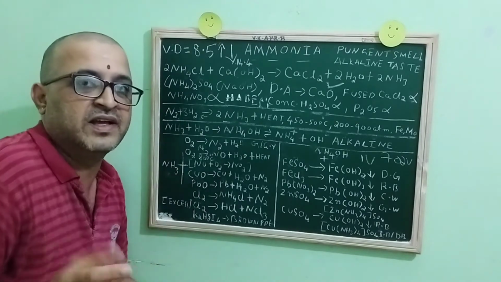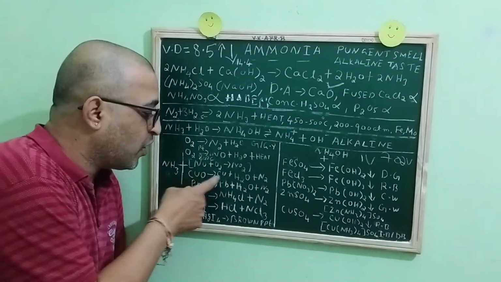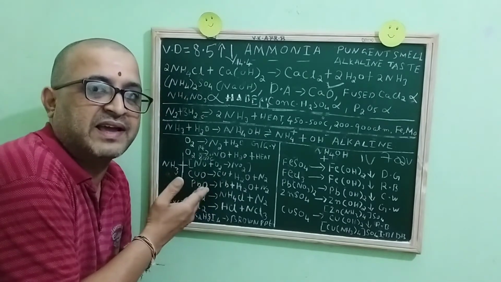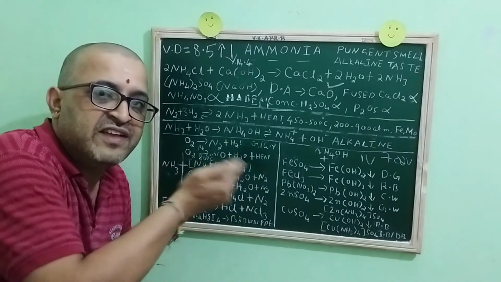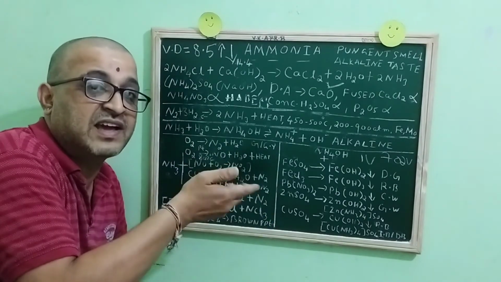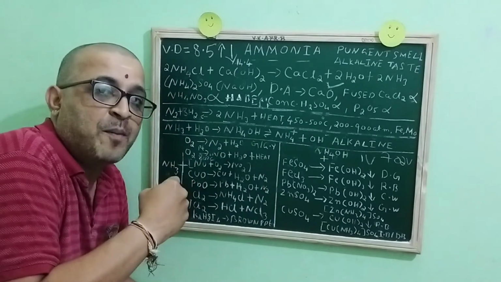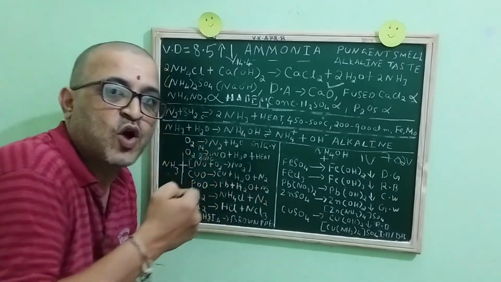So ammonia is a reducing agent. Then how do you prove that copper oxide is converted to copper? Very simple. Copper oxide is black, copper is brown. Change in color from black to brown indicates that copper oxide is converted to copper.